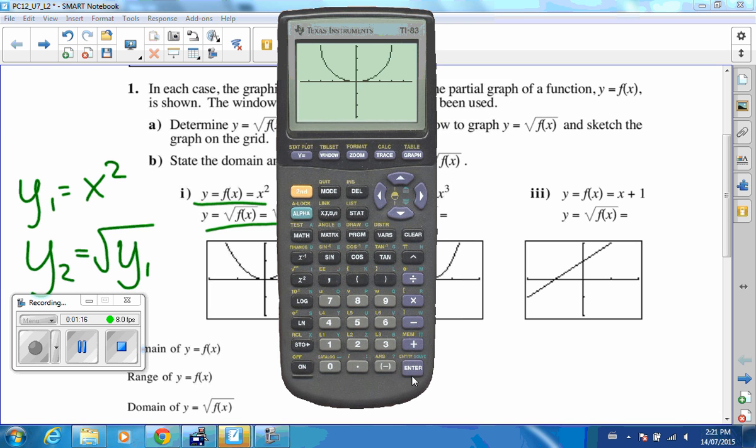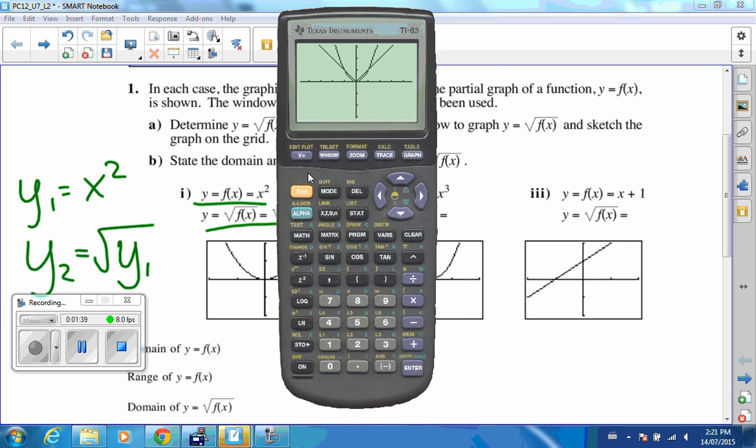And so I'm actually going to put this in, so x squared, and then back to my y equals, down here, square root of y bars, function y1, close my brackets, and then there's the first one, there's the second one.